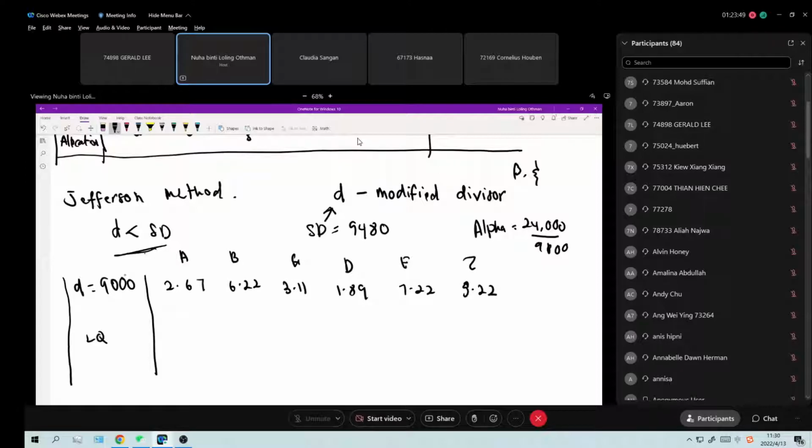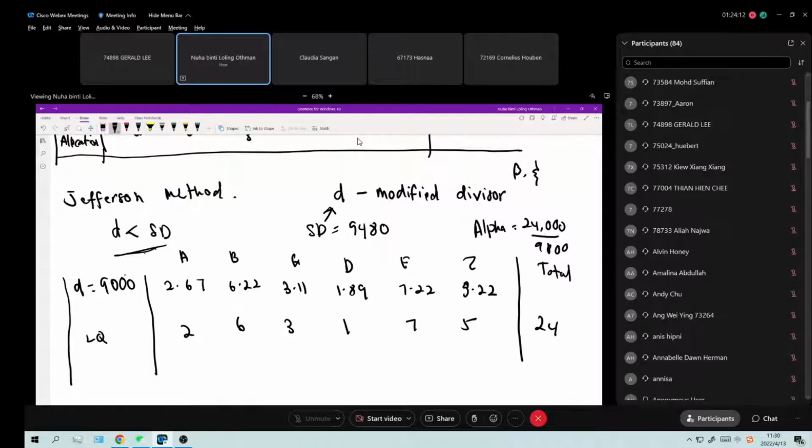So if you use this one and add up, lower quota first: 2, 6, 3, 1, 7, and 5. If you add up, you will get a total of 24, which is not correct.